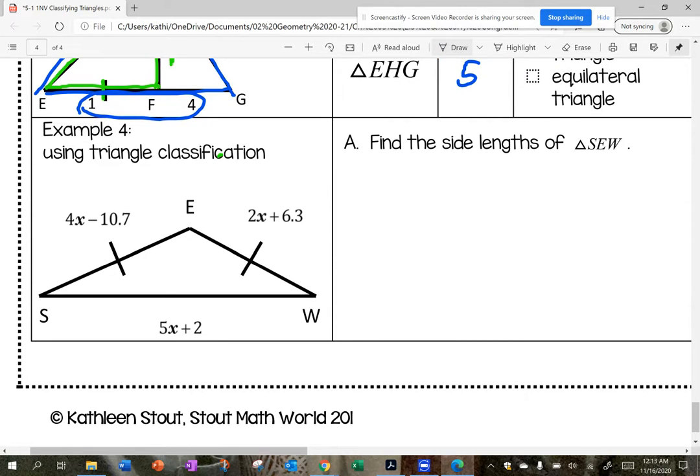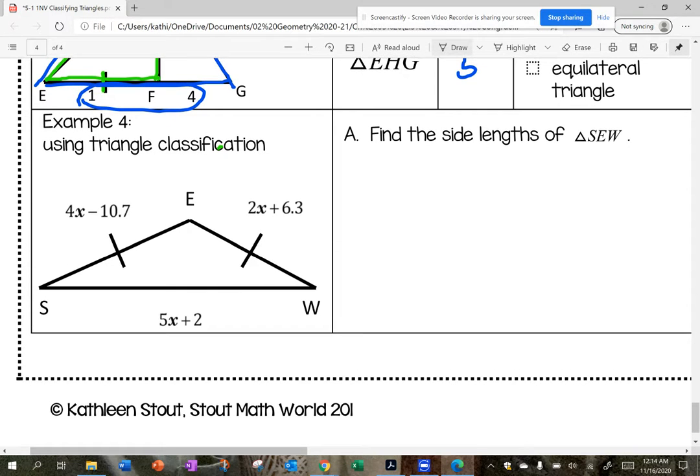Okay, now that we've classified, let's set up some equations and solve. Okay, so find the side lengths of triangle SEW. So I'm looking and I see that I have 2 congruent sides and I have the variable x. So I can set up an equation.